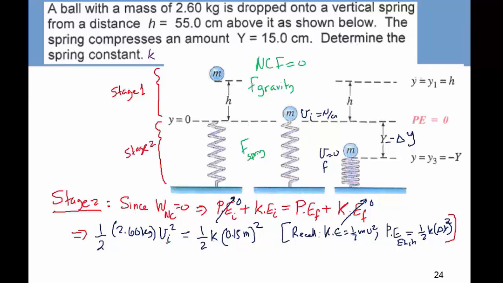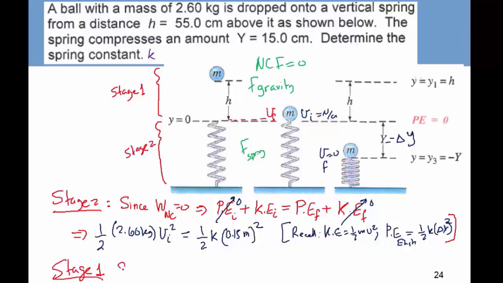We have to find the initial velocity for stage 2. Now notice that the initial velocity for stage 2 is the final velocity for stage 1. So we have to refer back to stage 1 to solve for its final velocity.